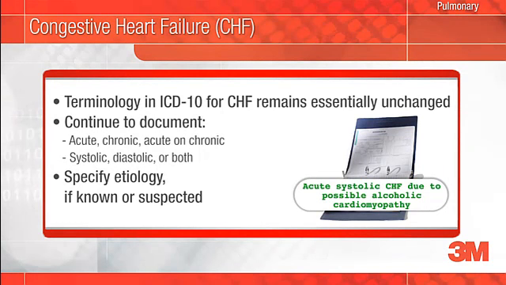Additionally, you should document the cause or etiology of the congestive heart failure when known or suspected. An example of excellent documentation would be acute systolic heart failure due to possible or suspected alcoholic cardiomyopathy.